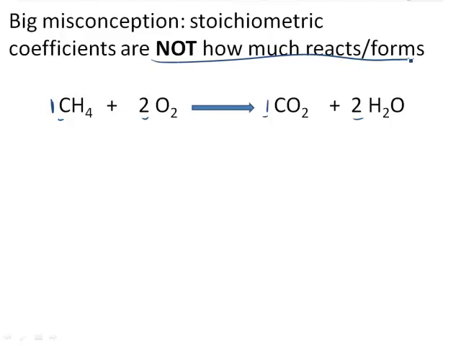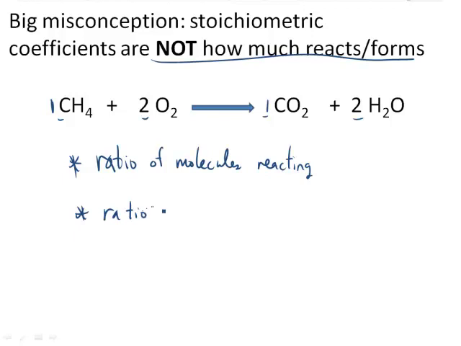What it's telling you instead is the ratio of molecules reacting. And therefore, because the number of molecules is proportional to the number of moles, it's actually telling you the ratio of moles reacting and forming.